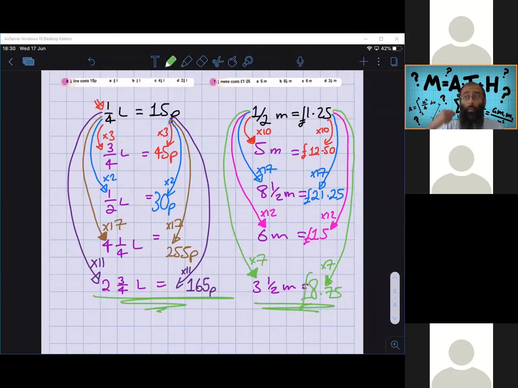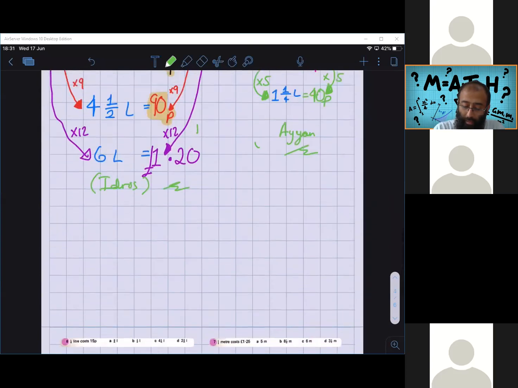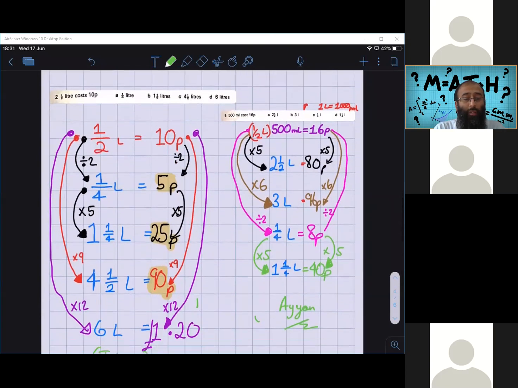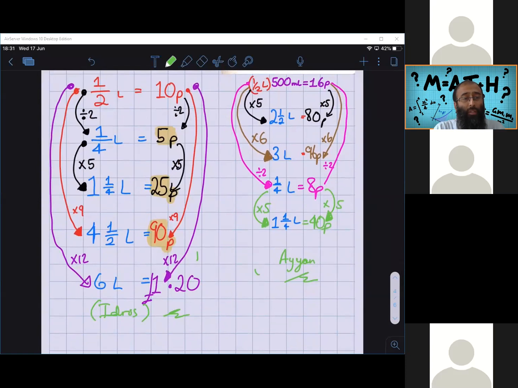Okay. And we are coming towards the end of our lesson. Okay, folks, I hope you understand what we've done today on these examples. So we've done 2 in the beginning. We had, mashallah, Ayan help us and Idris help us with those questions.